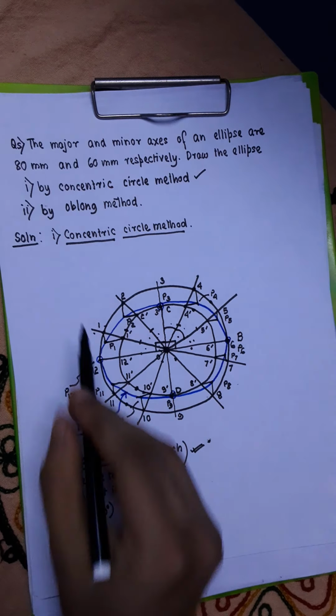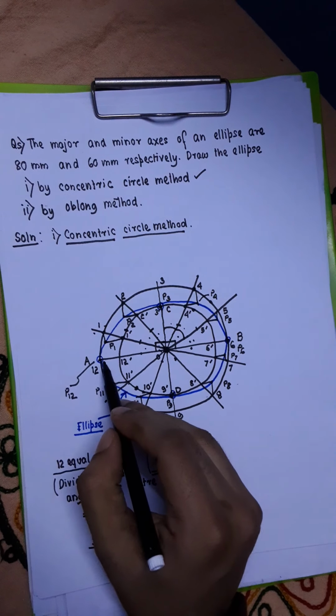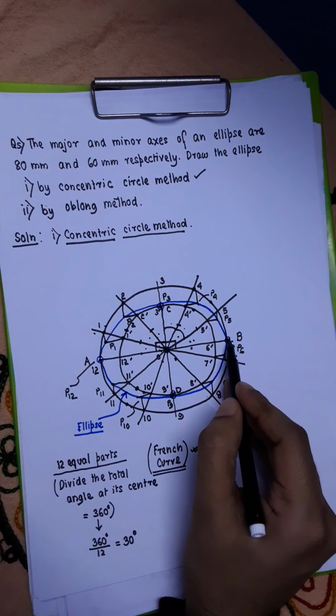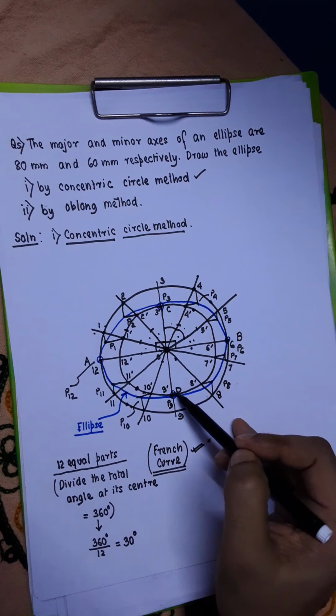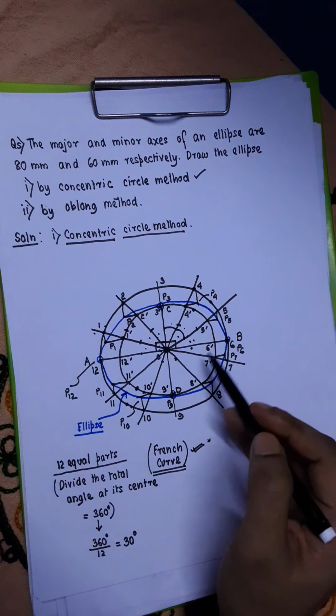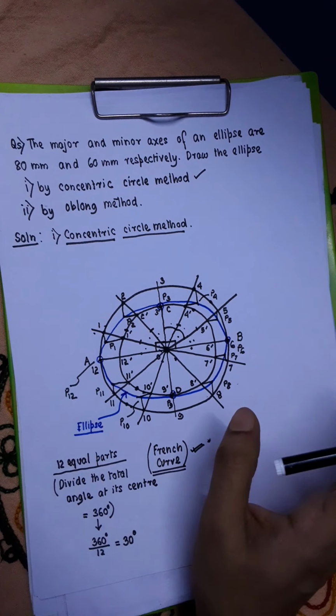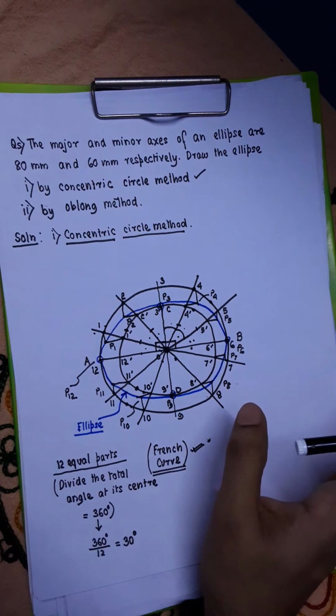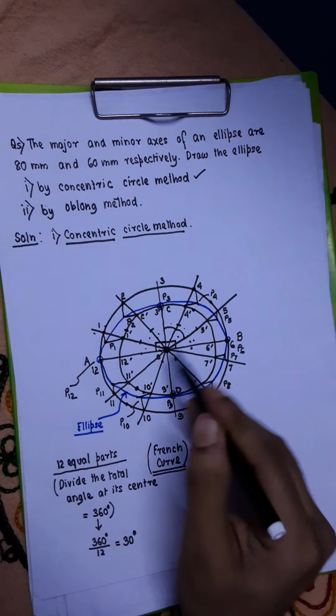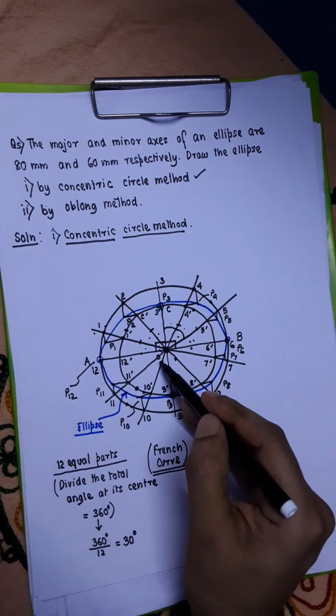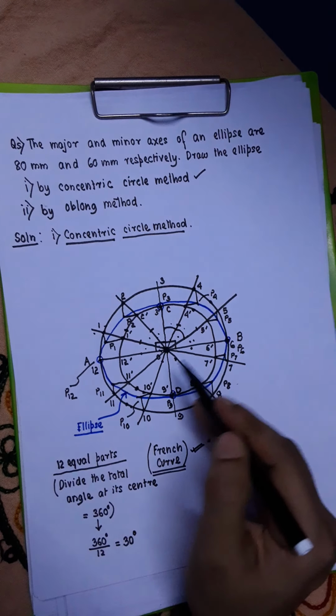The first thing that we did was we drew the major axis AB of length 80 mm which is mentioned in the question, and then we drew the minor axis CD of length 60 mm. While drawing the major axis and minor axis, we ensured that both the axes are perpendicular to each other and they bisect each other. Let them intersect at the point O. After that, we drew two circles.